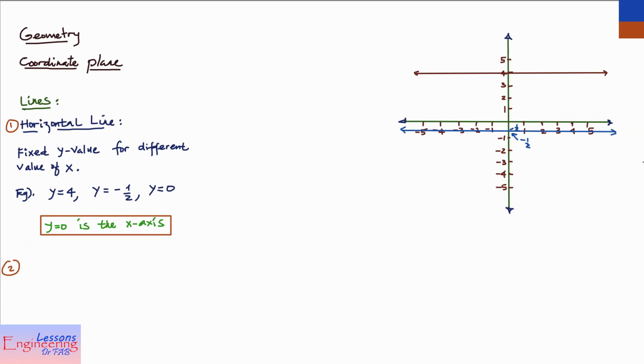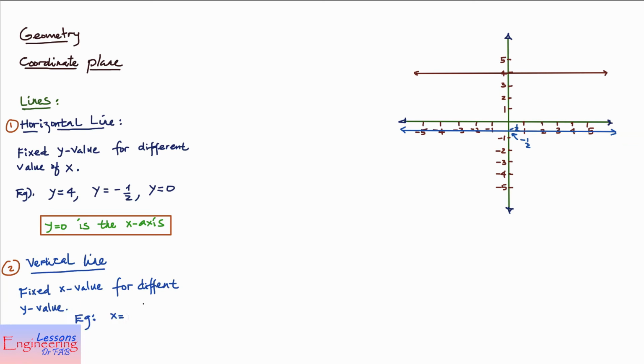The second type of line is the vertical line, as you would now expect. For a vertical line, we have a fixed x value for different values of y. If the y value changes, the x value remains the same. We can take an example here.